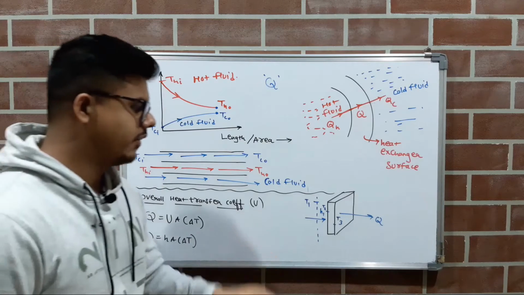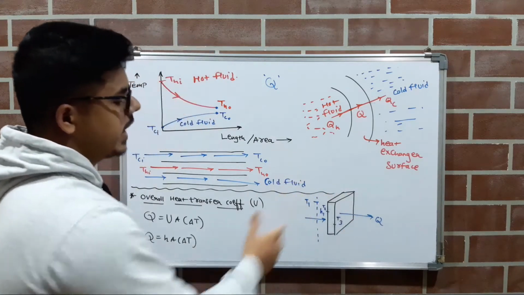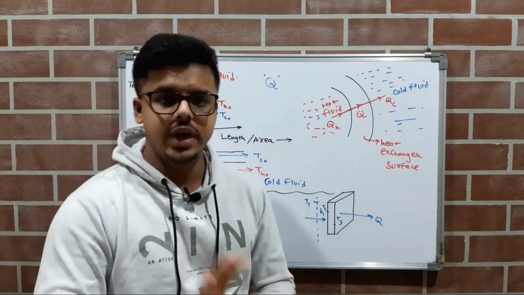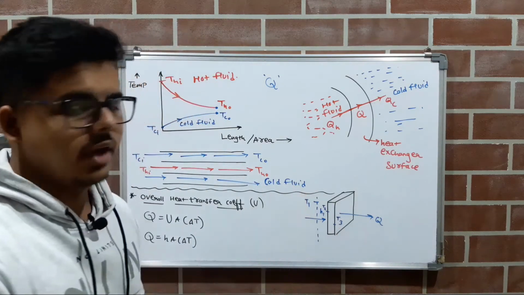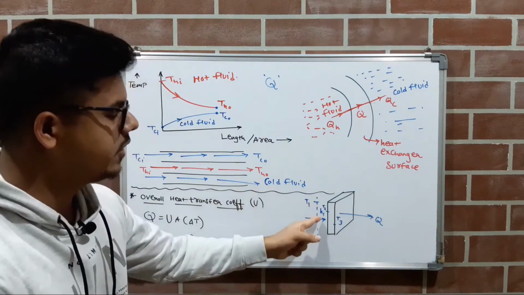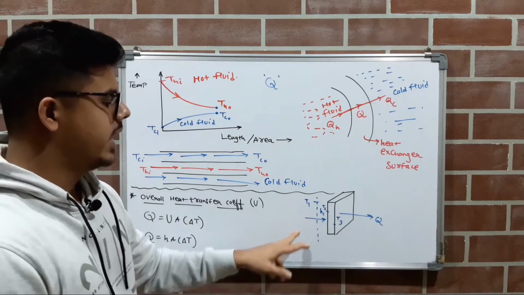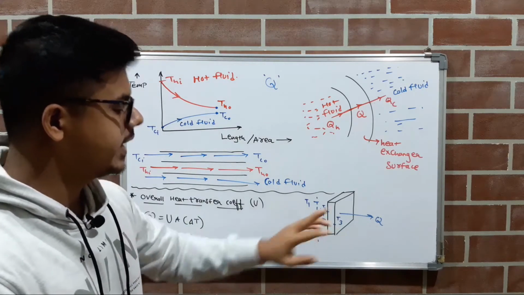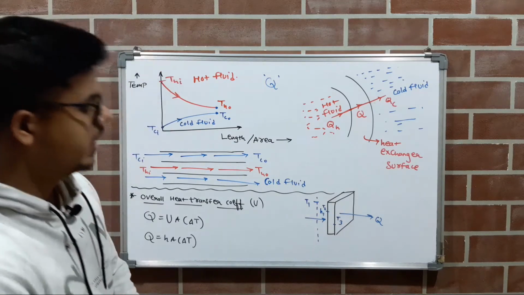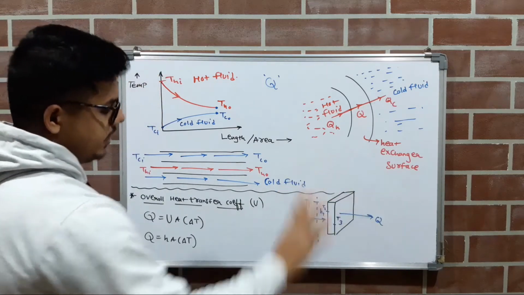First we will consider a plane wall, with a fluid on one side of the plane wall and no fluid on the other side. Let us consider we have air or any liquid with heat transfer coefficient h1 and temperature T1, and T1 is much greater than T3, the temperature of the wall on the right hand side. So the heat will move in this direction, that is Q.